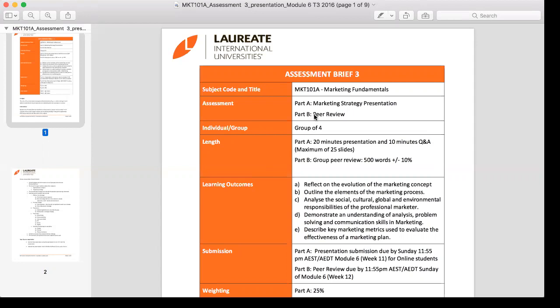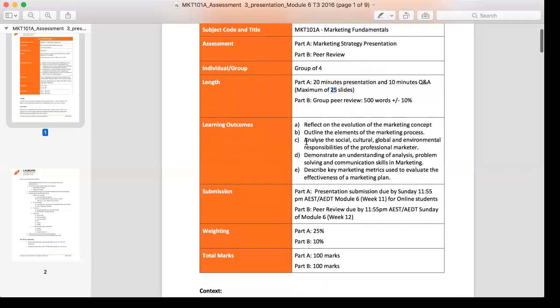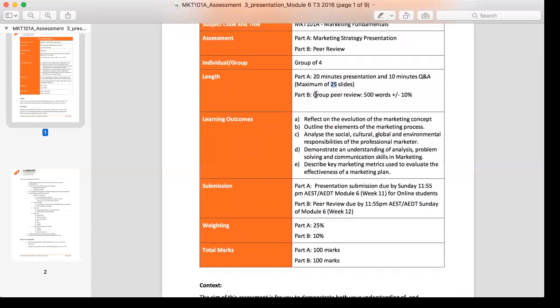Now, assessment 3 is actually about a marketing strategy presentation. You will create a 20 minute presentation, which is basically around 25 slides, a maximum of 25 slides, and 10 minutes Q&A if it is face-to-face. In our case, I don't think we'll have the Q&A.